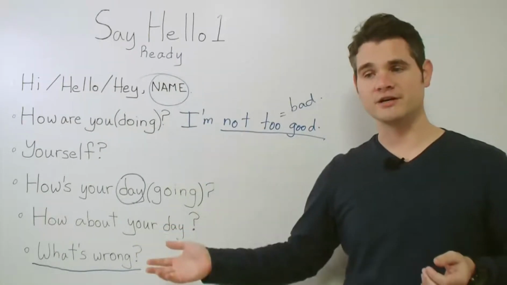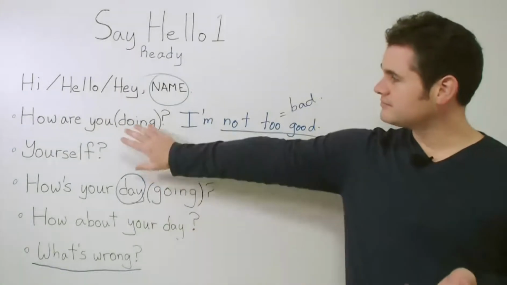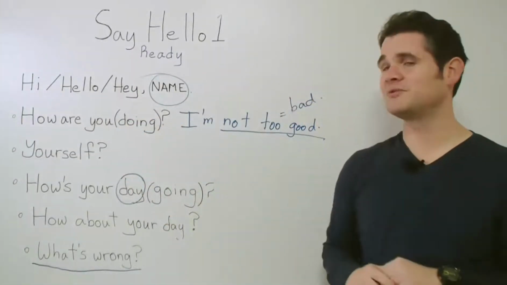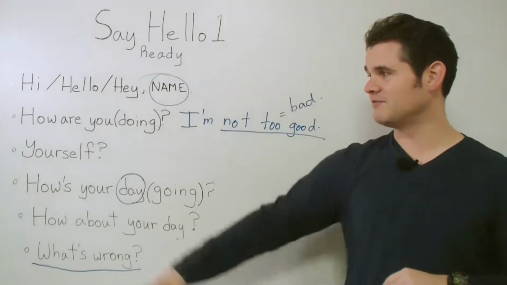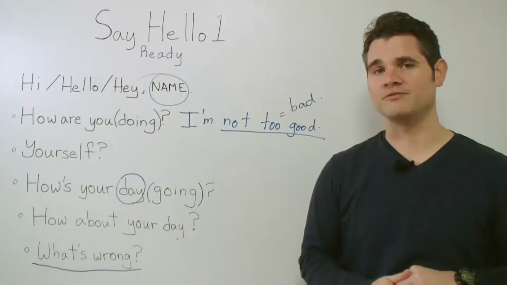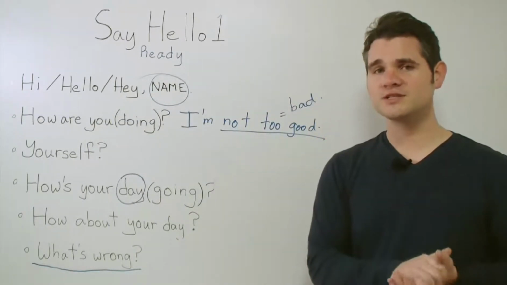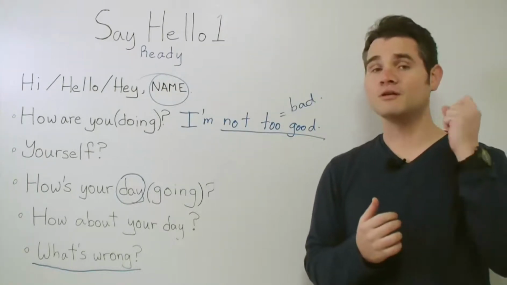I'm doing good. I'm well. I'm happy. So remember the flexibility with this question and look at your response chart. When you answer what your condition is, follow it up with yourself. This is a conversation between two people. Show interest in the other person. I'm good. How about yourself?